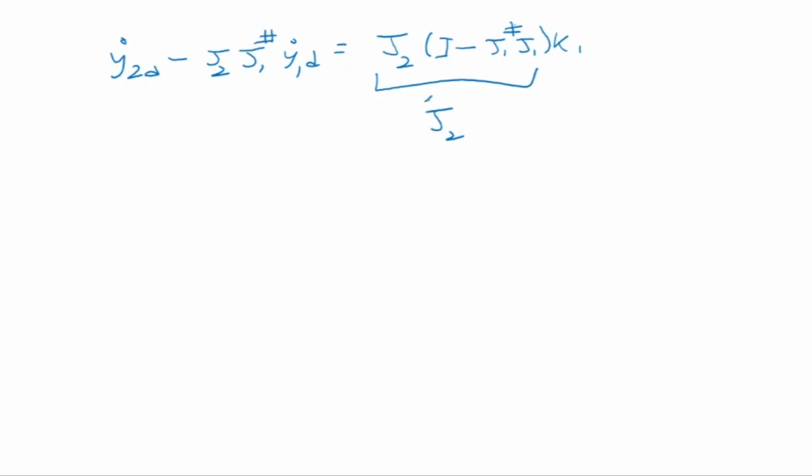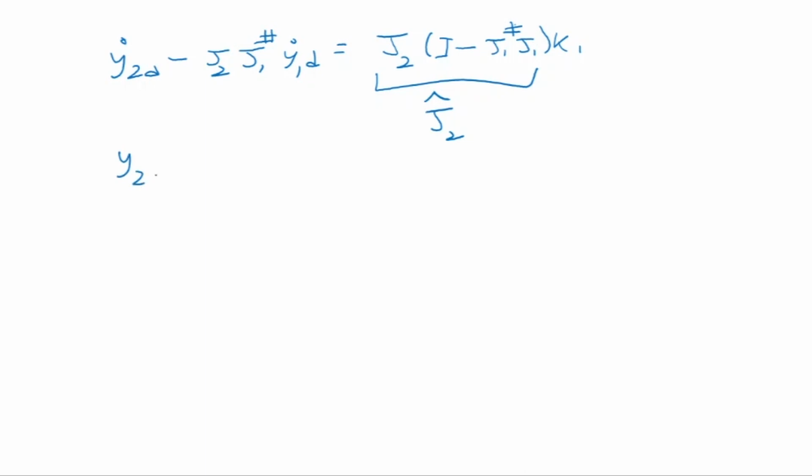So it is y2d minus j2 into j1 hash into y1d is equal to j2 into I minus j1 hash into j1 into k1. So what I'm doing is writing this one as j2 cap. Okay, so what will be my equation?